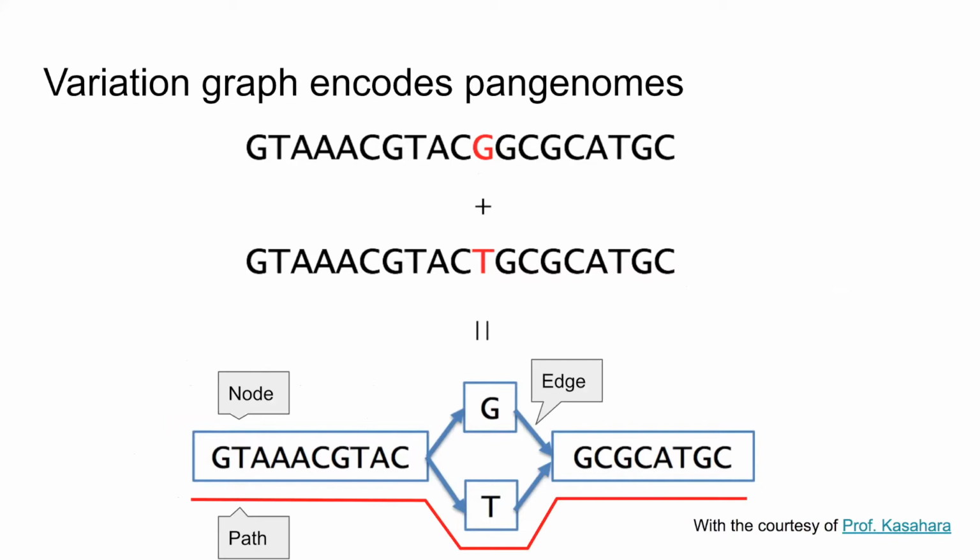And in this graph, a node is a subsequence of a nucleotide sequence, and the edge shows the adjacency between nodes. And a path is a list of nodes, which is used to show a haplotype or chromosome of genomes.